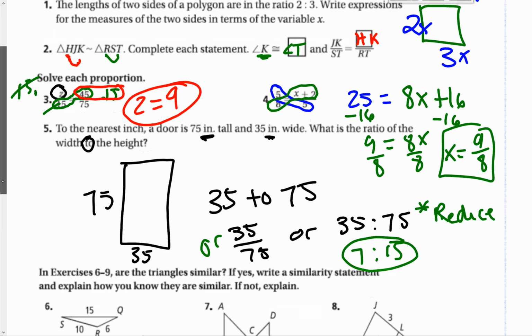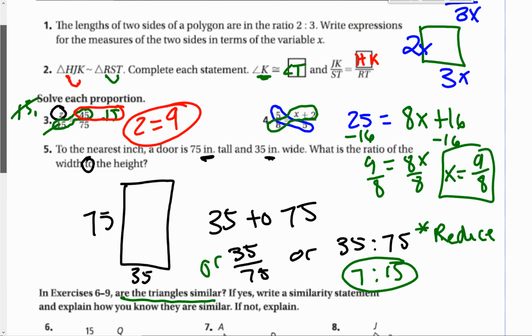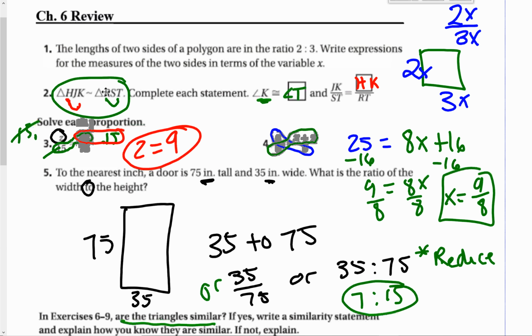Okay. Next one here, in these exercises, we want to know, are they similar? If yes, write a similarity statement. A similarity statement is basically what this thing is right here. You've got to match up angles with angles, and then you put in the tilde, the similar symbol.